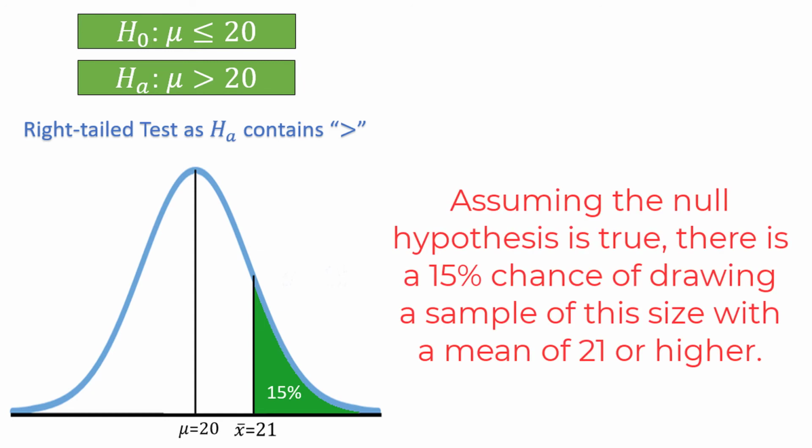This would mean that, assuming that the null hypothesis is true, there is a 15% chance of drawing a sample of this size with a mean of 21 or higher. Somewhat unlikely, but perhaps not unlikely enough to discredit the null hypothesis. Events like this, or even more extreme events, happen on 15% of samples, assuming that the null hypothesis is true.